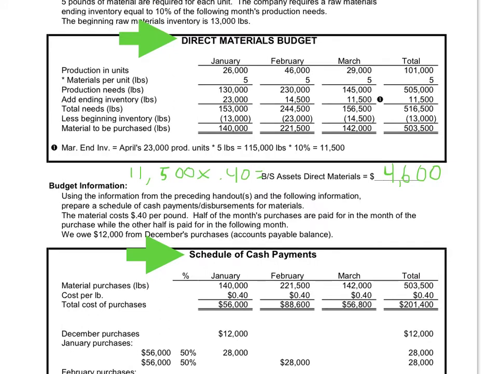And if you remember, on this budget, I had the 11,500 ending units right here, and they're each 40 cents a pound. So my direct materials is 4,600.